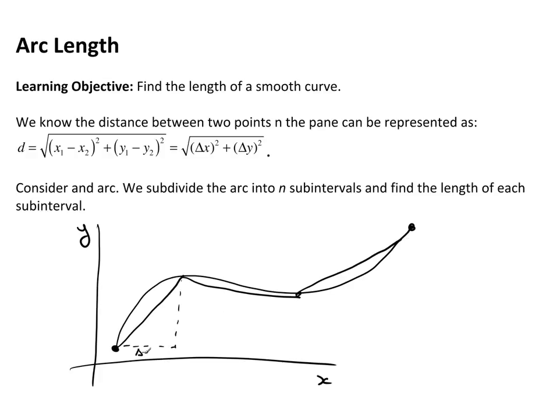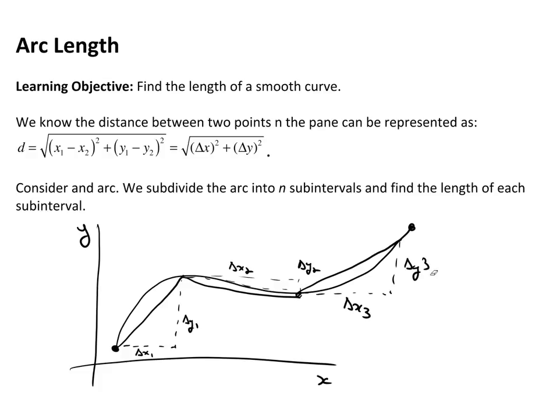I'm going to say this is delta x1, and this is delta y1. This one is going to have delta x2, and over here delta y2. And of course, this piece is going to have delta x3 and delta y3.